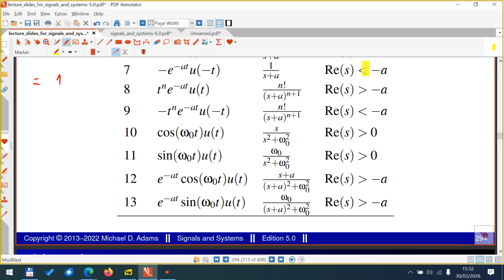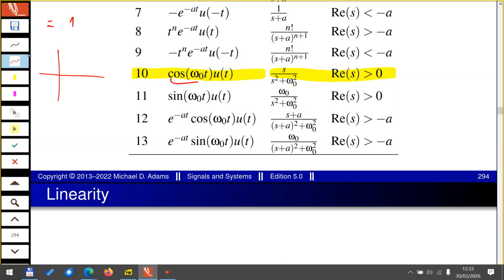How can you explain this one? Tell me. What will be your line of reasoning? In the time domain, the plot of this function will look like that.